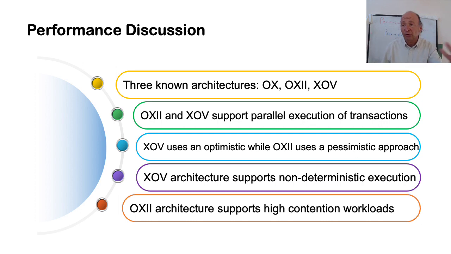If you're doing order-execute, then if you generate a dependency graph, you can support the parallel execution of transactions. One big advantage of an optimistic approach is that you can actually support non-deterministic executions. On the other hand, a pessimistic approach, which orders first, supports high contention workloads.